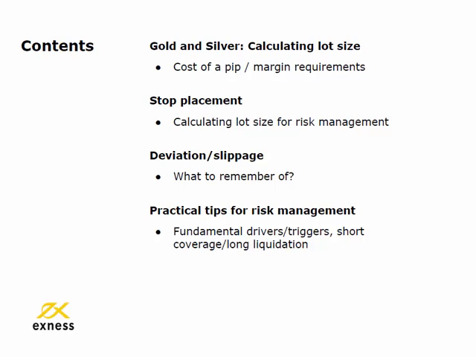Then we'll talk about slippage, and finally we'll talk about practical tips for risk management, about fundamental drivers and triggers which influence gold and silver markets, about short coverage and long liquidation rallies which occur on these markets from time to time, and execution during such times may be pretty much different from execution during normal time or normal market condition.